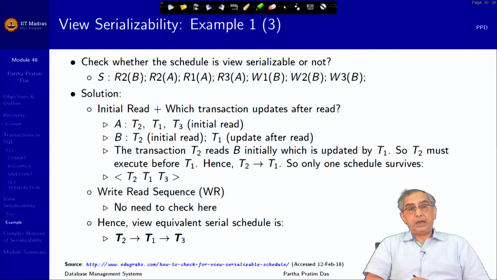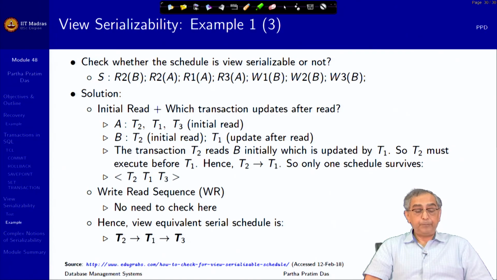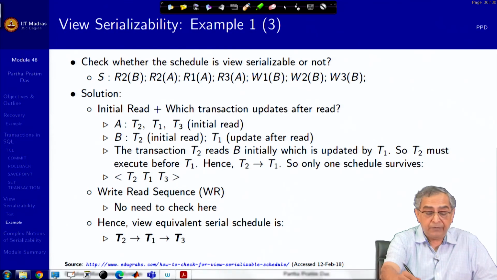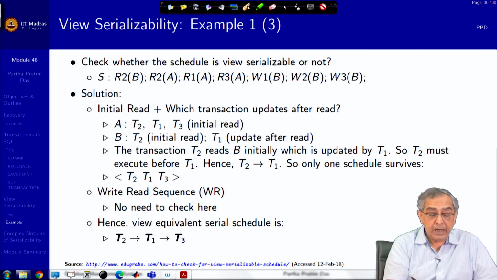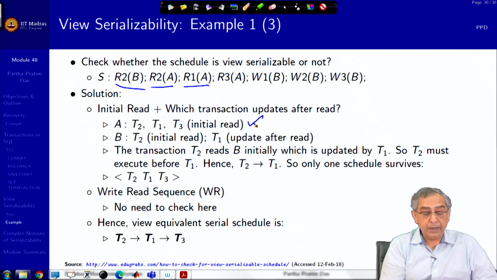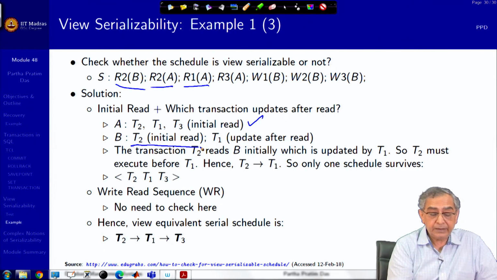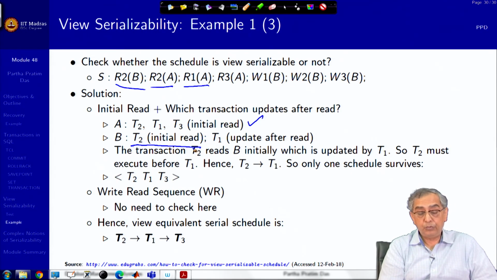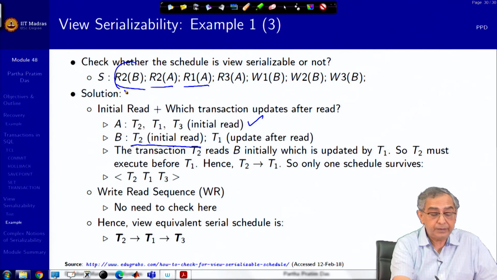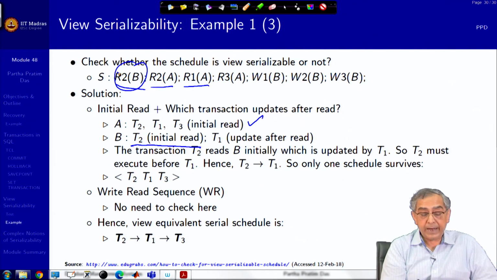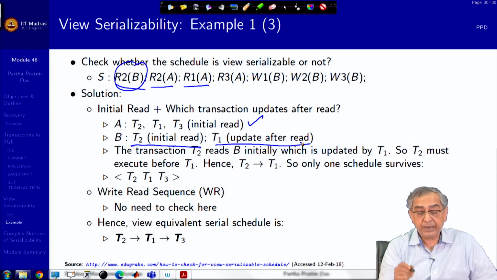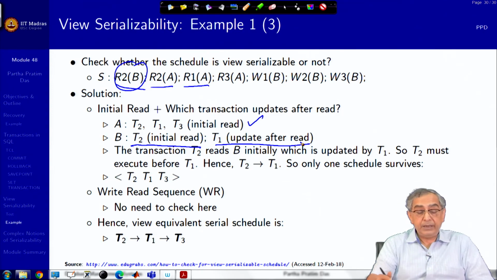Now, let us look at initial read. If I look at initial read, A is read by all 3. B is read first by T2 here and later updated by T1.